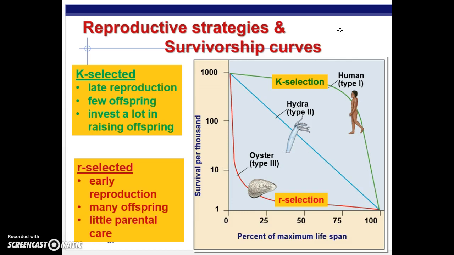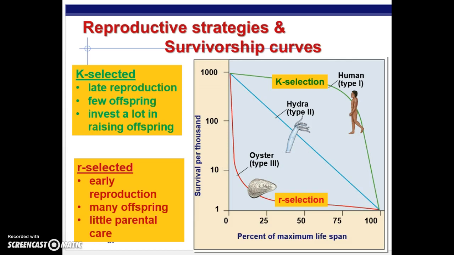We call that type of population a K-selected population. We're going to talk a lot more about K-selected and R-selected later on in this lecture, but for now, what you need to know is that there's an association between a K-selected reproductive strategy and the survivorship curve.